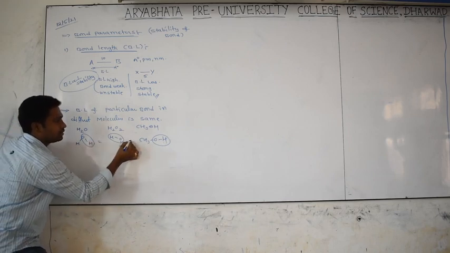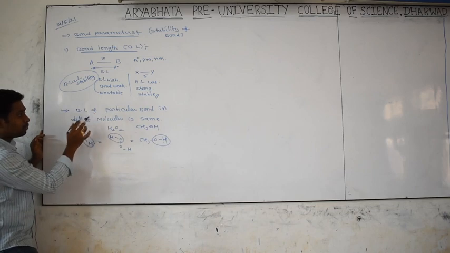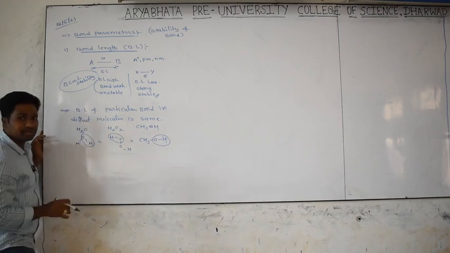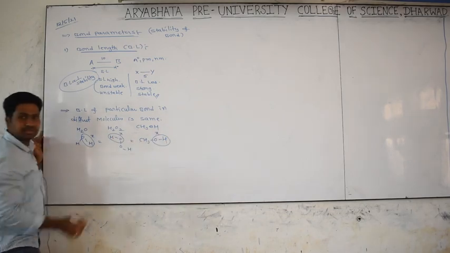Its bond length will be the same. Bond length of a particular bond in different molecules remains the same. So its value will be like this.